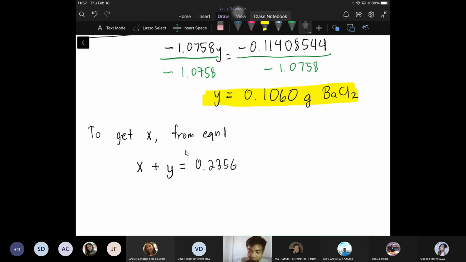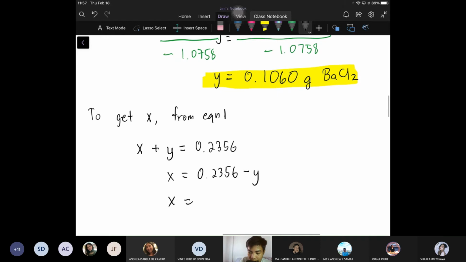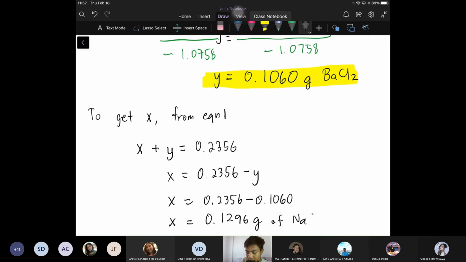So, for me to solve for x, I will transpose my value of y. So, as I transpose it, magpapalit yan ng sign. So, x will be equal to 0.2356 minus 0.1060. So, the value of x will now be equal to 0.1296 grams of NaCl.